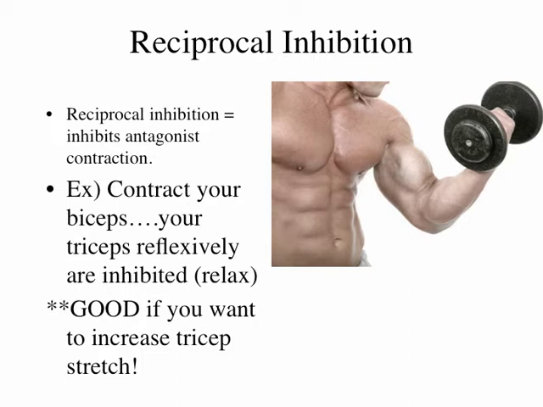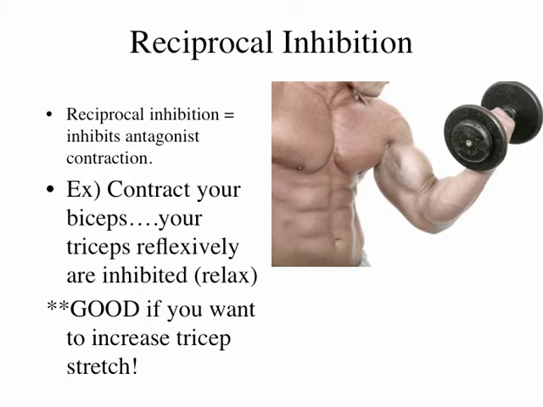So this is a good thing, and you can take advantage of this if you want to increase a triceps stretch, that we can actually get more stretch of our triceps by contracting the biceps. You could do a little experiment with this if you want to increase the stretch on your hamstrings. You can do a contraction of your quadriceps, and that should cause a reflexive inhibition of your hamstrings, so you should get a greater stretch.